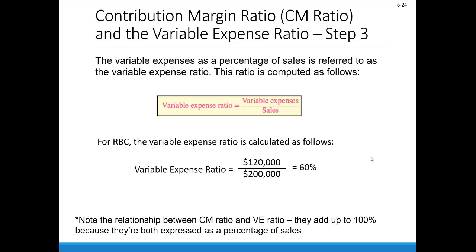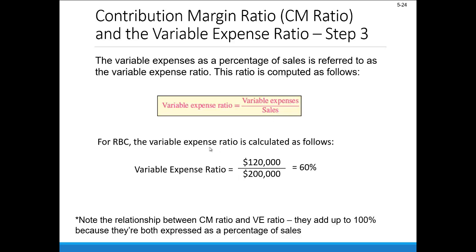Now the variable expense ratio is also a useful tool for us to think about these interrelationships of line items on the income statement essentially. And it's just the difference between 100% of sales and that CM ratio. Or we can calculate it as the variable expenses, either in total or on a per unit basis, divided by sales.